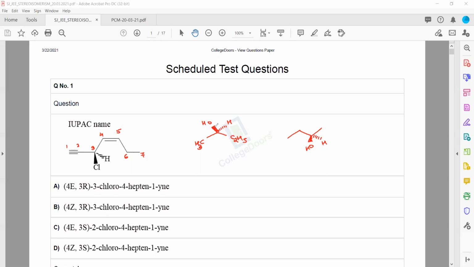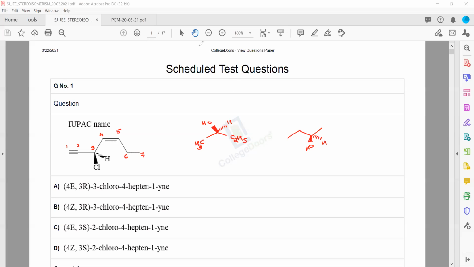To identify the RS configuration for such molecules in which the wedges are given in the upward or downward direction, a simple trick is to see the angle between the bonds which are present in the plane, that is, the normal lines.